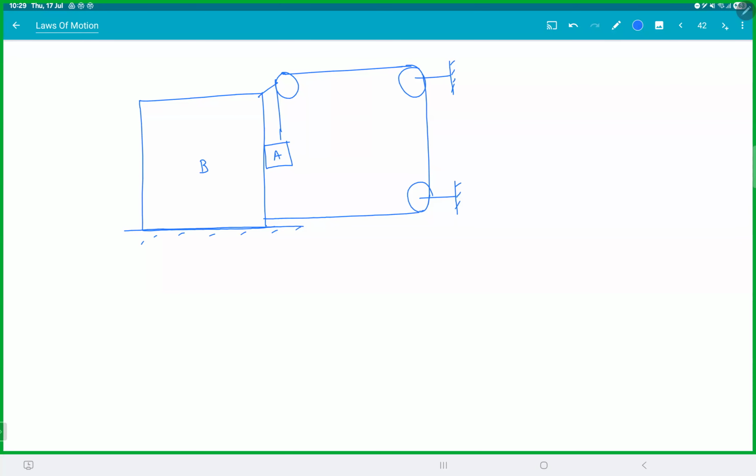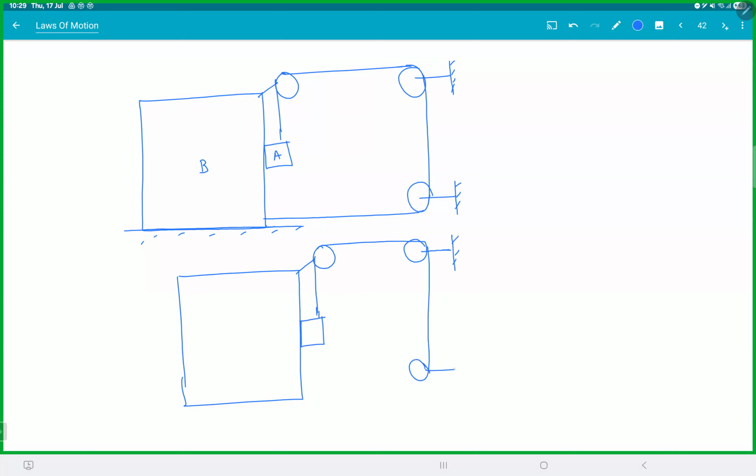So if I push this a little forward, now see. From here to here, let's say this thing goes forward by u.